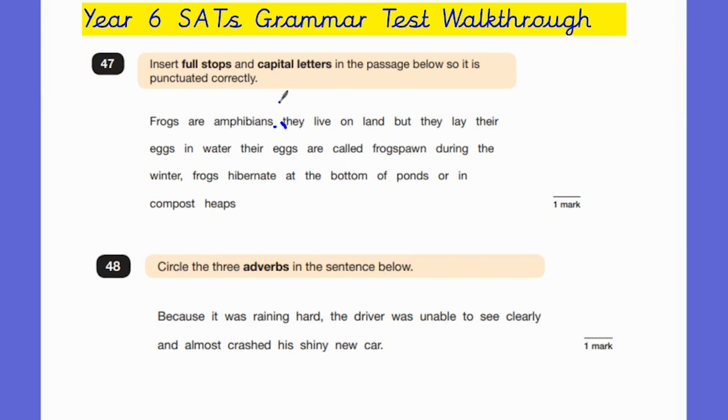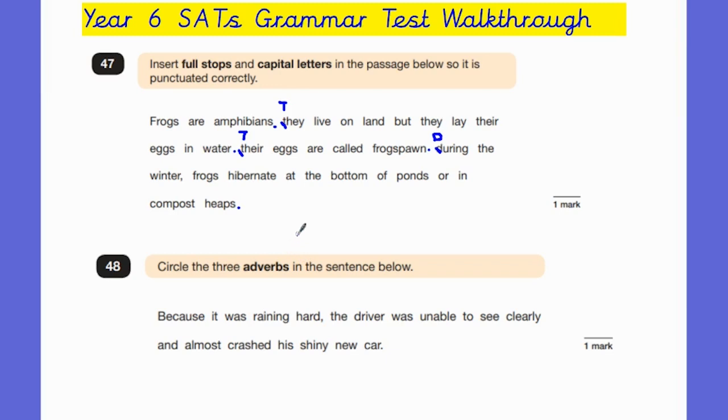So my next word should have a capital T. They live on land, but they lay their eggs in water. Full stop. Capital T. Their eggs are called frog spawn. Full stop. Capital D. During the winter, frogs hibernate at the bottom of ponds or in compost heaps, and I need to remember to put a full stop at the end of that sentence.